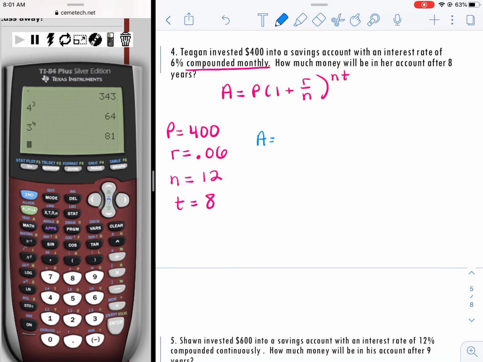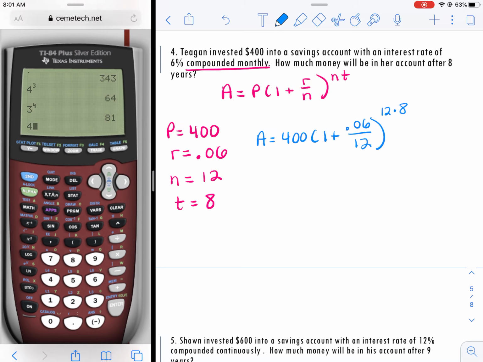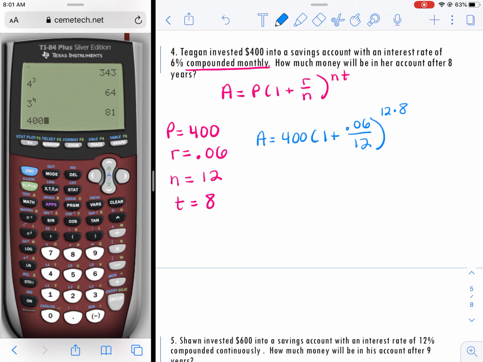Okay, and then all you have to do is plug your numbers into your equation. So we get 400 times 1 plus 0.06 divided by 12, and then the exponent is 12 times 8. You should be able to type that in your calculator exactly as it appears. If you have an older calculator or you're using a scientific calculator, you're going to want to put that exponent in parentheses.